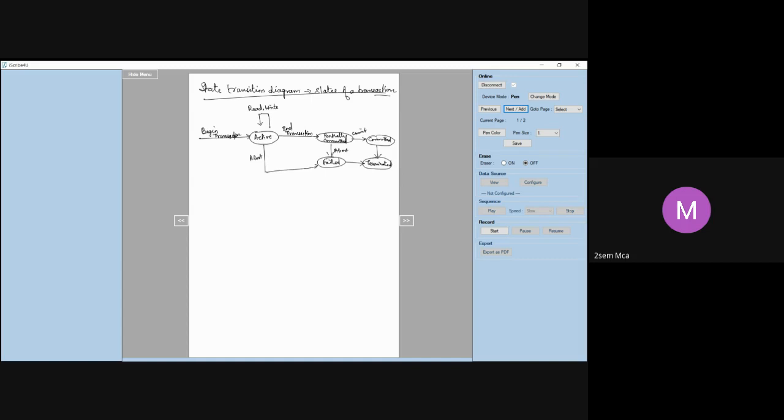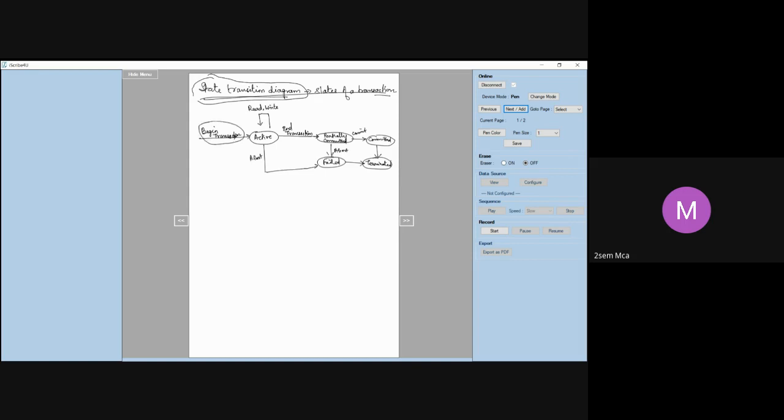Transition means a change from one state to another state. So the state transition diagram shows how your transaction is going to change from one particular state to another particular state, right?